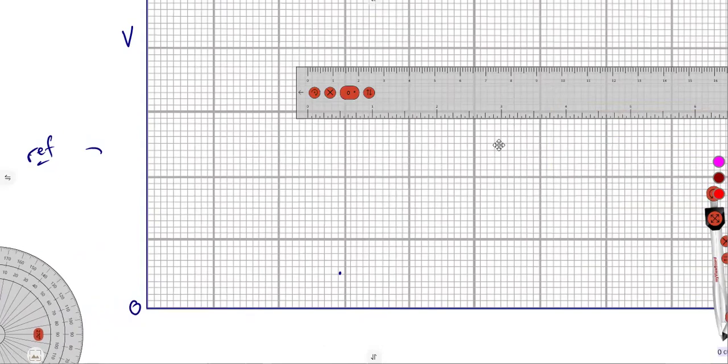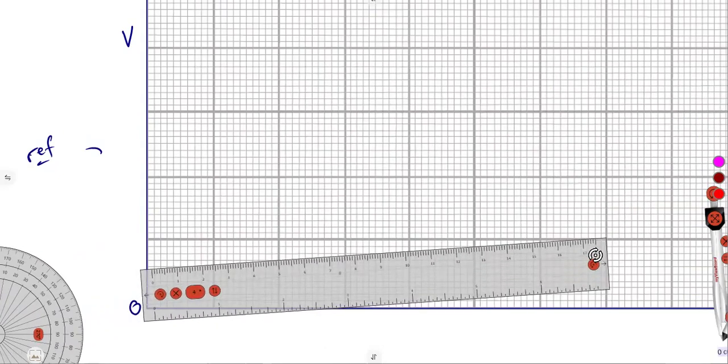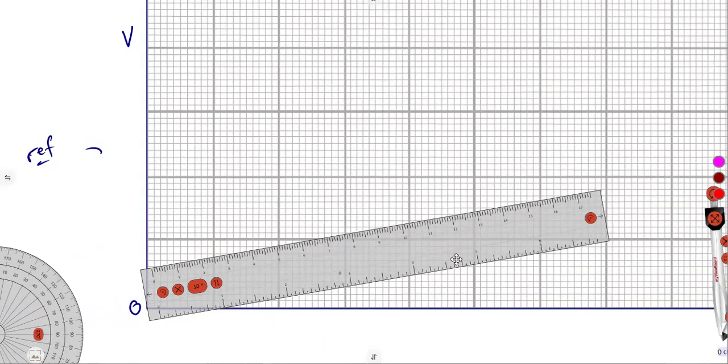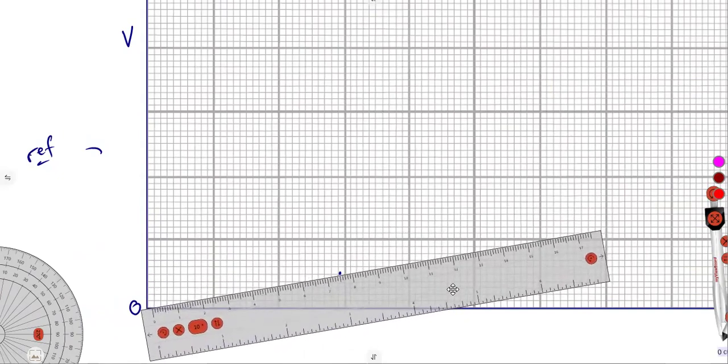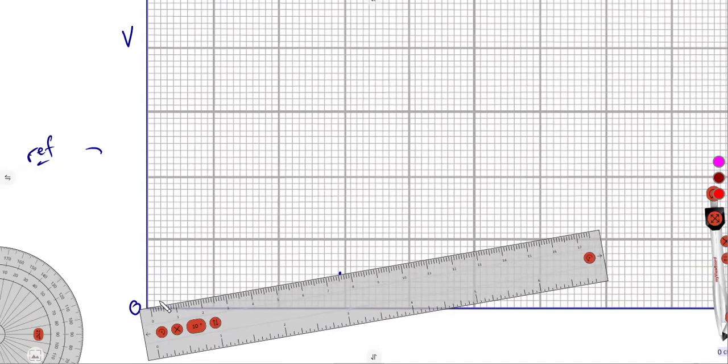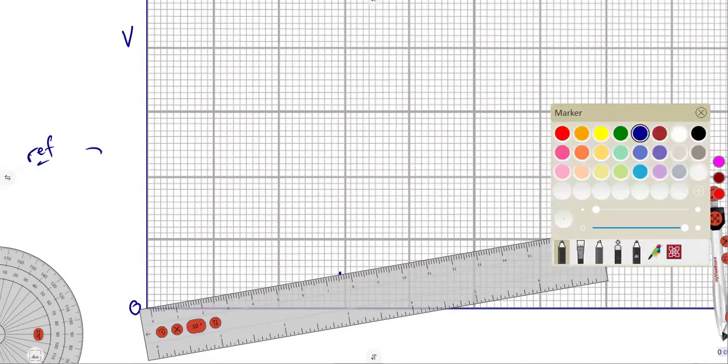So we can join this one. Let's just try to see from the origin to this point. This is our 80 degrees, something like this. Okay, let's just increase a little bit here.